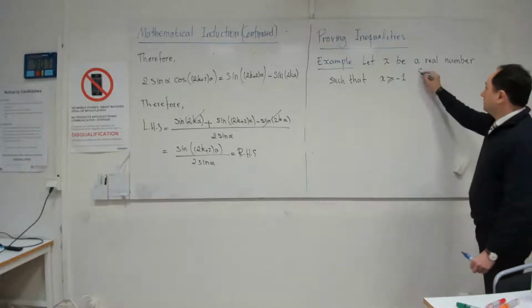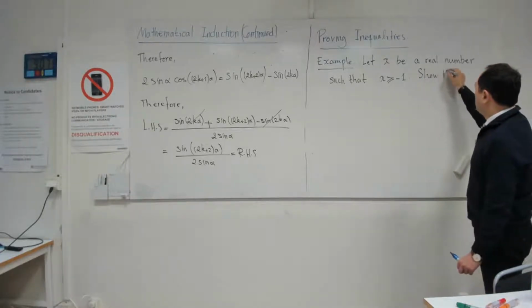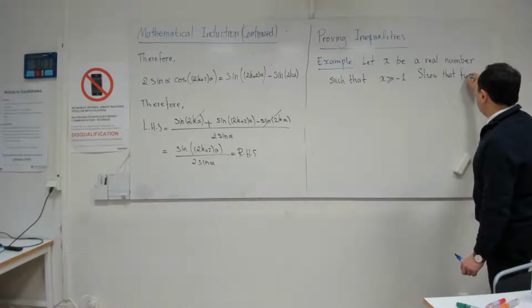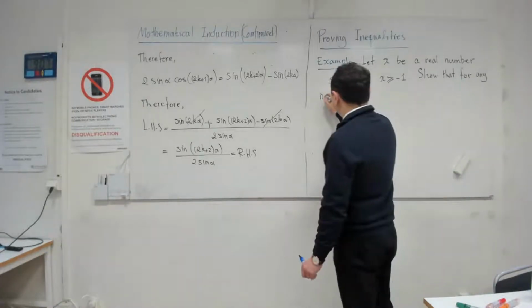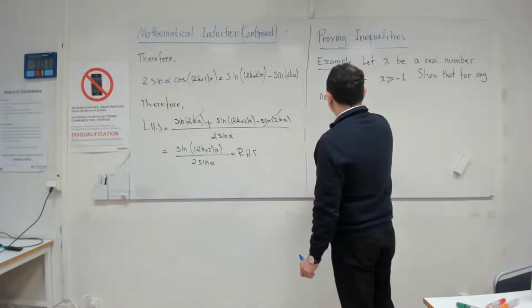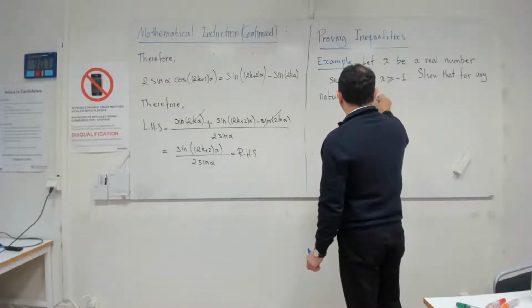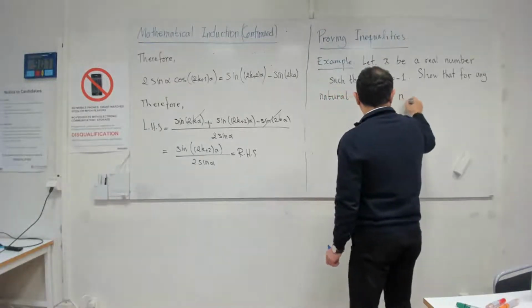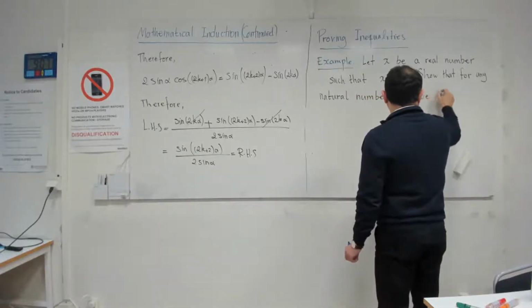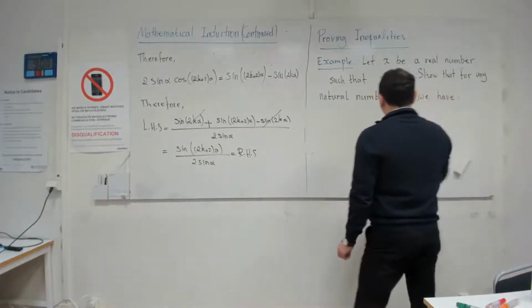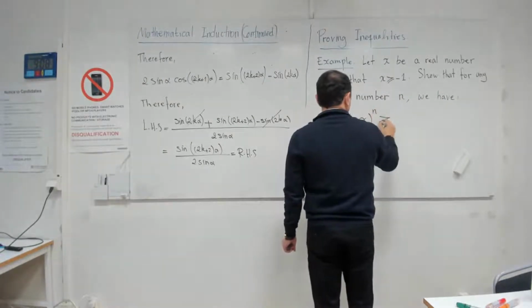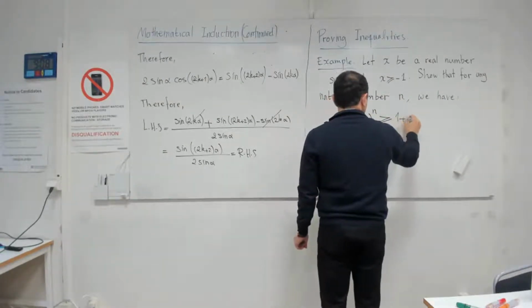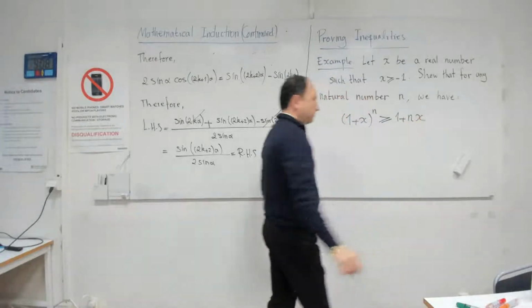Show that for any natural number n, we have (1 plus x) to the n is greater than or equal to 1 plus n times x.